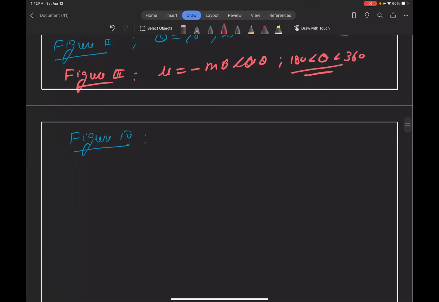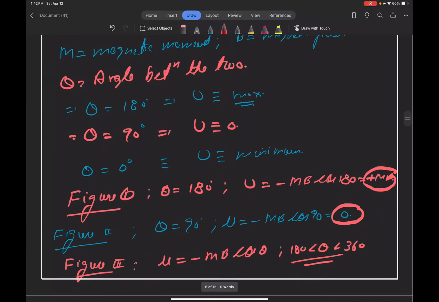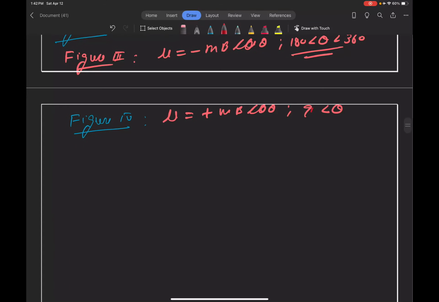And for the last part, this will be our positive MB cos of theta, because here theta is greater than 90 but less than 180. So the only difference between the last two will be the sign.